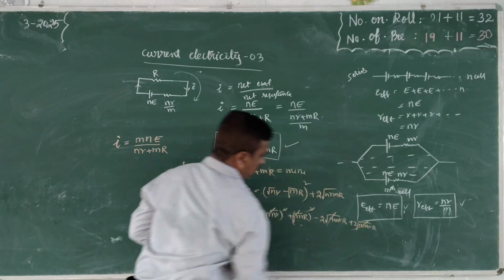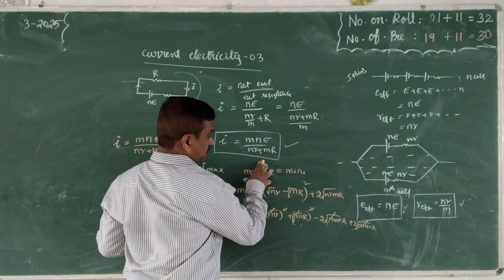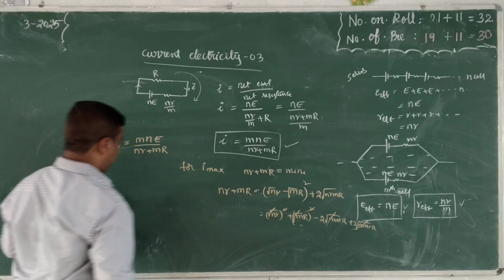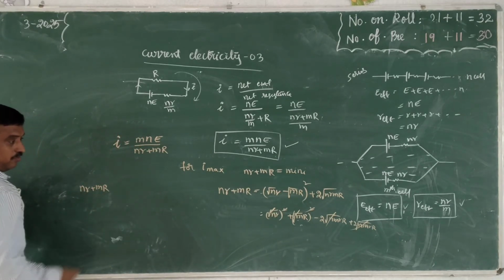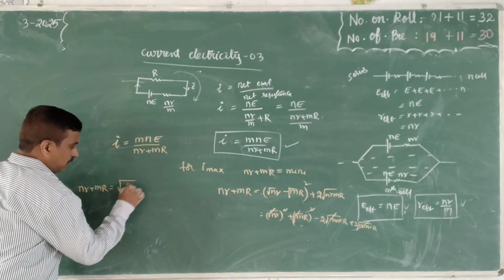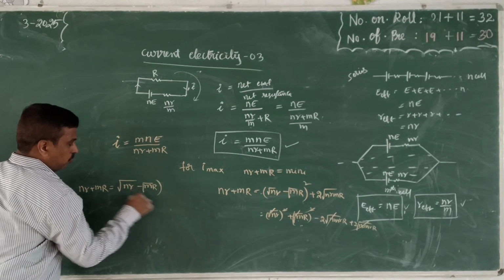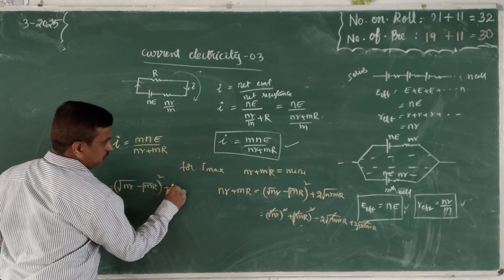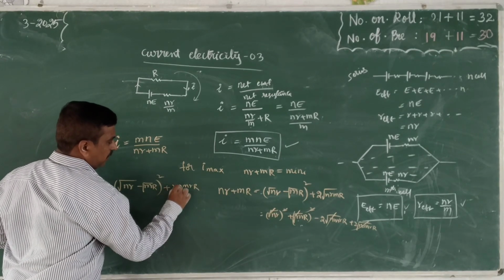See, this cancels. So we can write n r plus m R equal to n small r minus m capital R whole square plus 2 m small r capital R. Like this we can write.